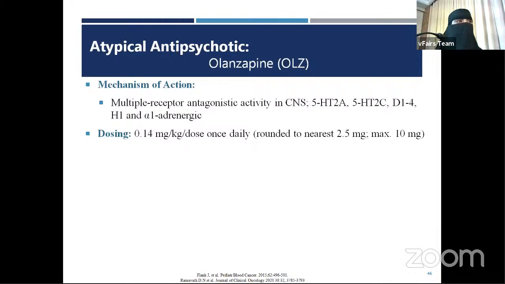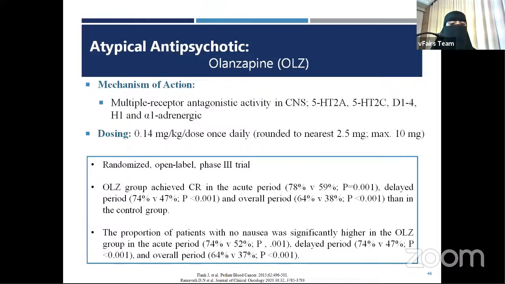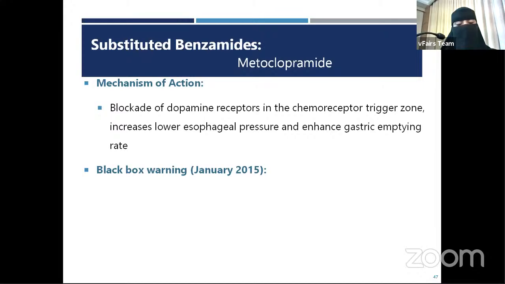The maximum dose is 10 milligrams as in adults, and that was based on a randomized open-label phase 3 trial in pediatrics. The trial revealed that olanzapine achieved a complete response for the acute, delayed, and overall periods. The patients who received olanzapine had no nausea and vomiting, and the p-value was statistically and clinically significant.